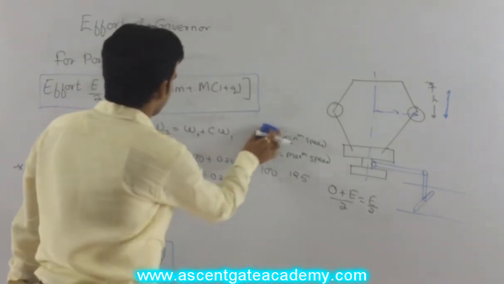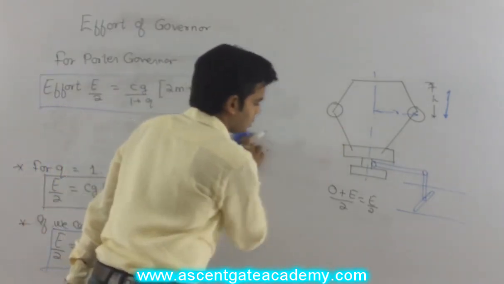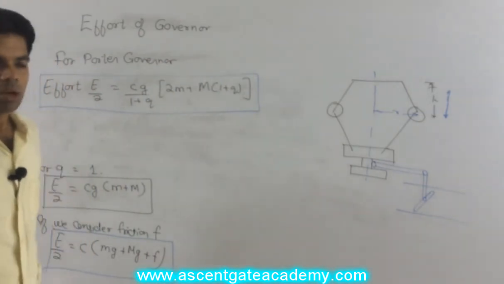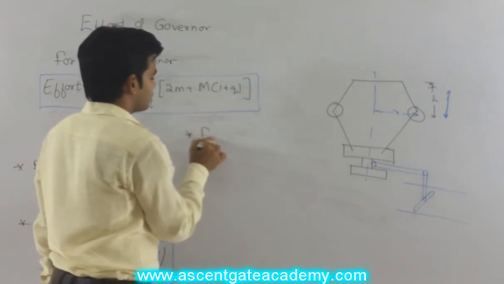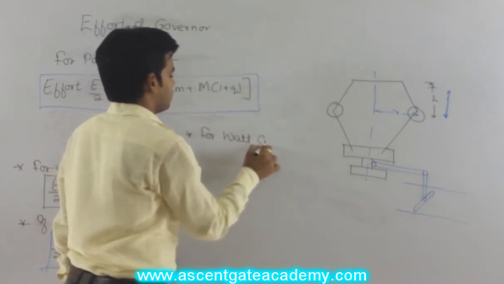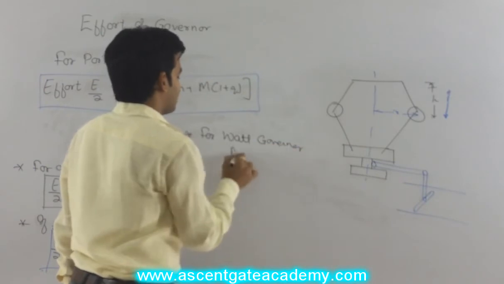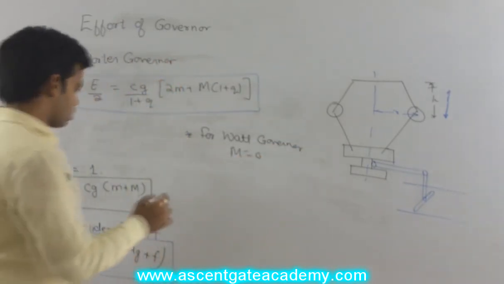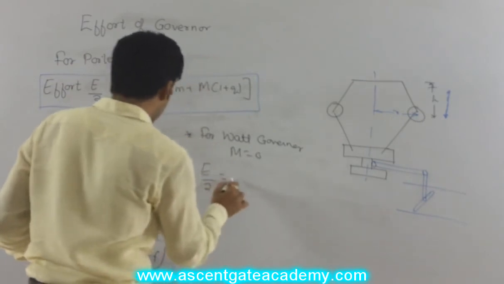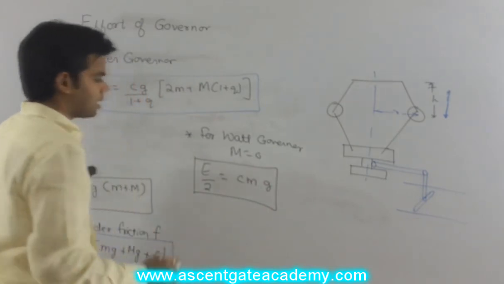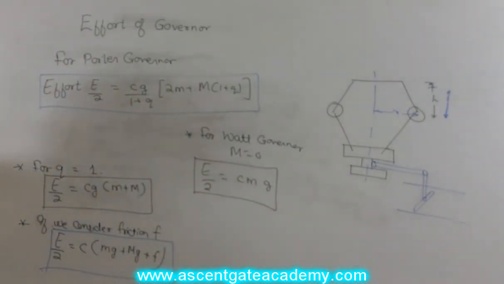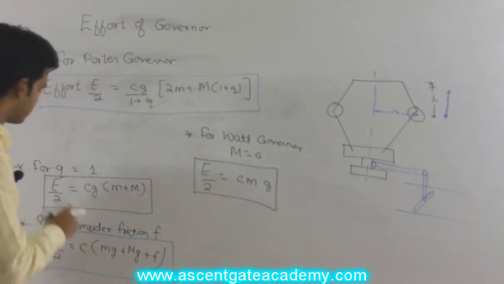Now what about the Watt governor? For the Watt governor, the same formula can be used, only in the Watt governor the central load is missing, so capital M will be equal to 0. So effort E by 2 will be equal to C m g if friction is not considered, and if friction is considered then it will be C into mg plus F. From these two equations we can conclude one thing.